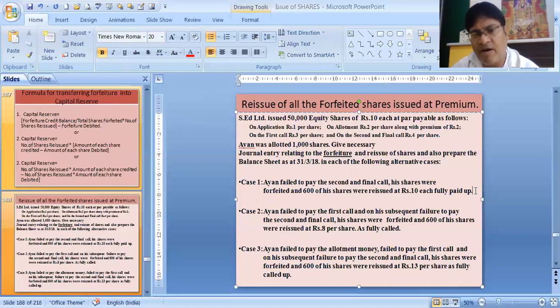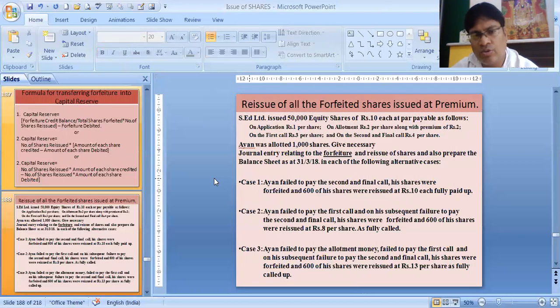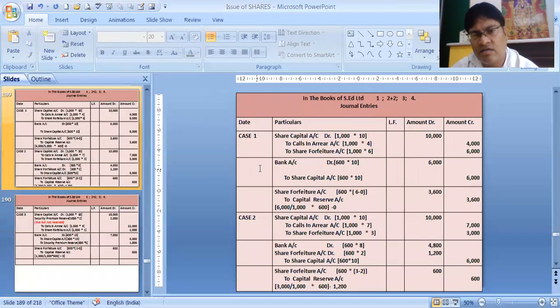First of all, a recap of our forfeiture entry which is required over here. Journal entry is the same: share capital account debit, call-in-arrears, share forfeiture account. Only the figures we have to write in this chapter. So 1000 into 10, that is ₹10,000. Call-in-arrears, how much people have not given? ₹4,000.